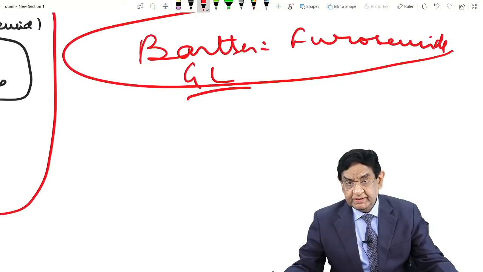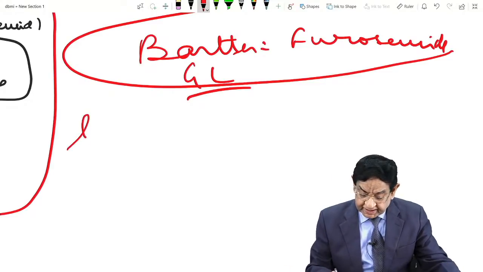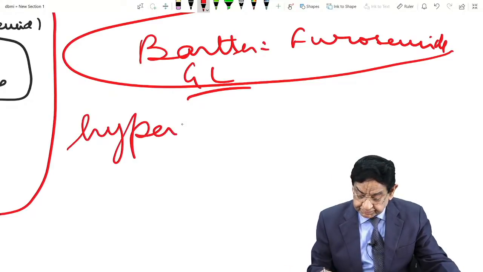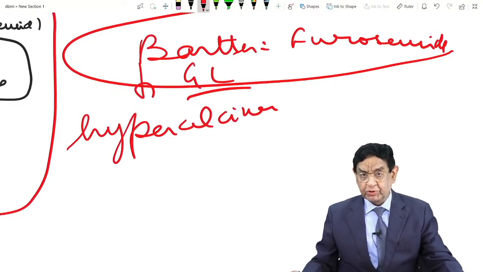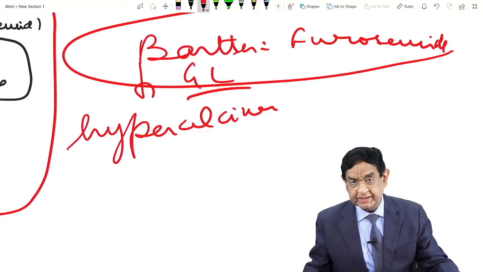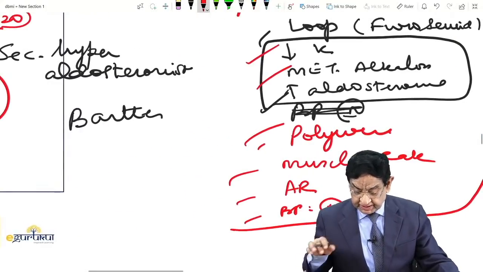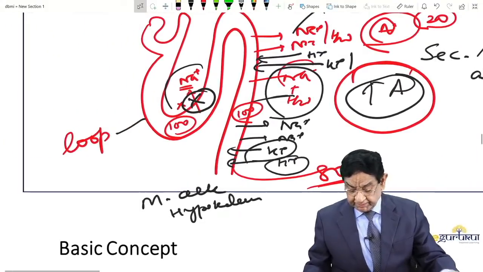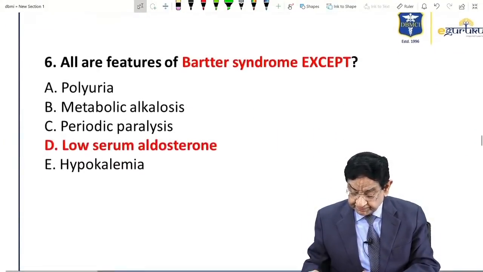And one more thing, don't forget that furosemide causes hypercalciuria, and that we see in Bartter syndrome also. Hypercalciuria occurs in Bartter syndrome. Understood? So we are clear about why our question was there.